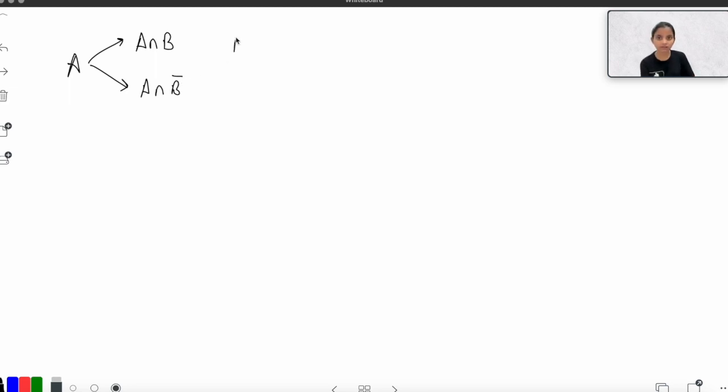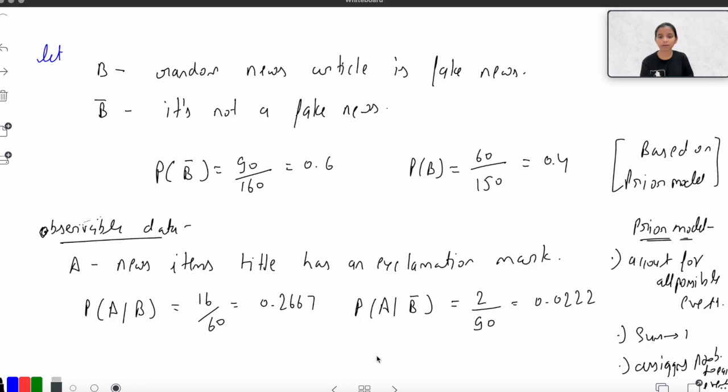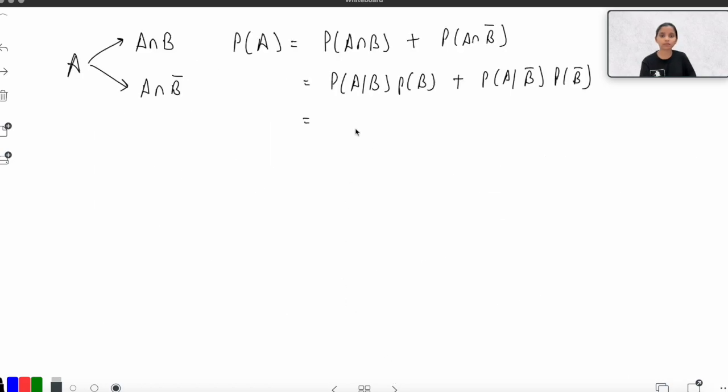So we are actually calculating the probability of this new article having an exclamation mark, that is actually probability of A intersection B plus probability of A intersection B bar. Okay, now this is actually the law of total probability that we can expand. We have already discussed it, that this is probability of A given B, probability of B plus probability of A given B bar, probability of B bar.